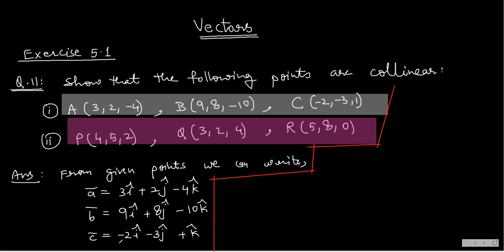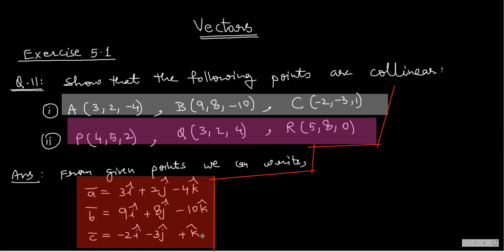So first of all, I would like to explain to you that having found A bar, B bar and C bar, what have you actually found? That I would like to tell you.